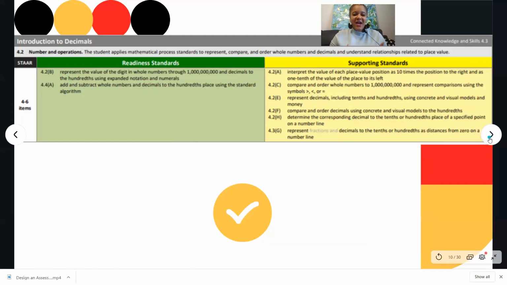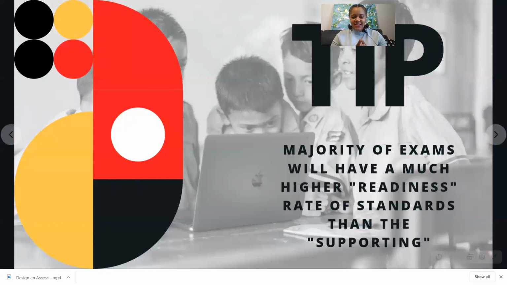So this slide, we're going to look at it like this. Briefly, a quick tip. When you talk about the exams, many of the exams are going to have more readiness standards than supporting standards. So if I'm making an exam, I have more value in finding out if students can do the readiness standards versus the supporting standards. Now, remember when we talked about mastery and we talked about 3 questions?